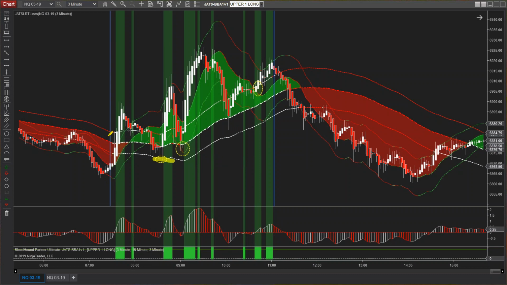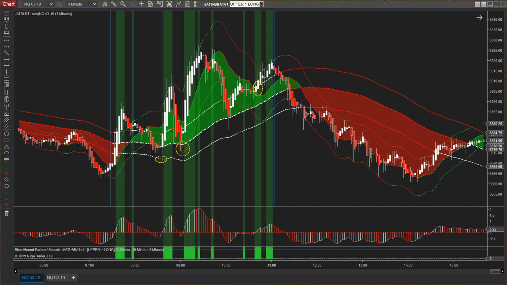When you're in a template that you're moving long, the best location is to buy low. So the lower one band or the LR1, and/or an inflection here at the upper one. Those are three great locations to trade out of.